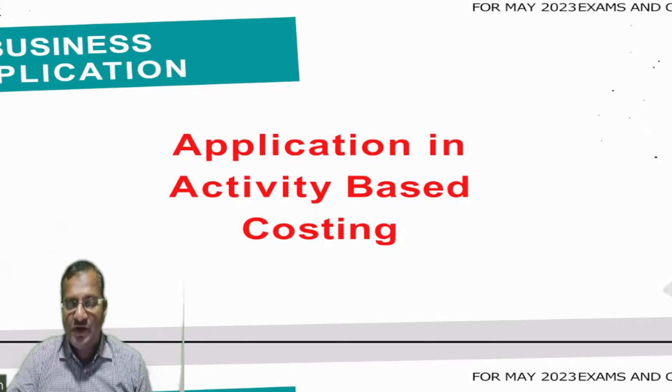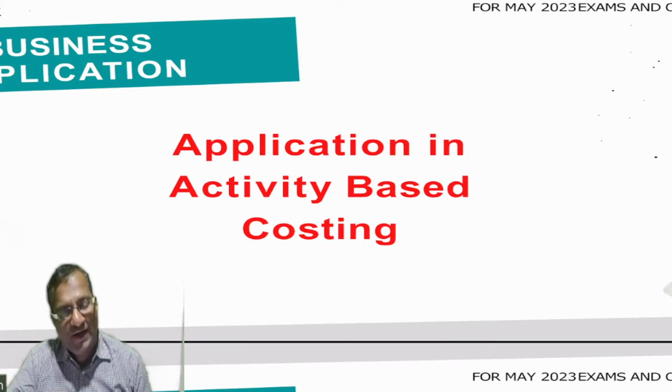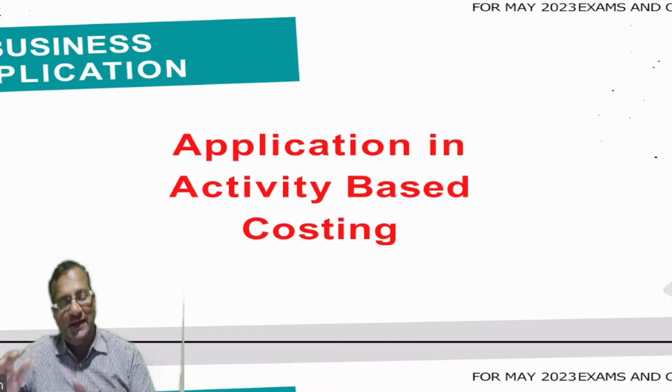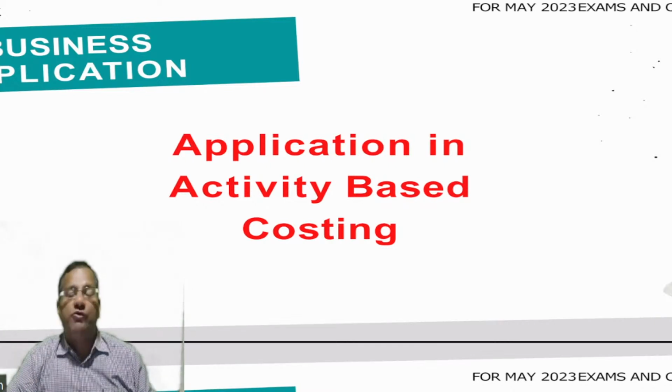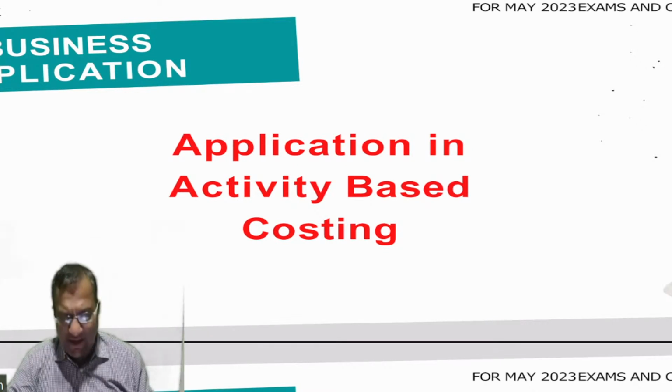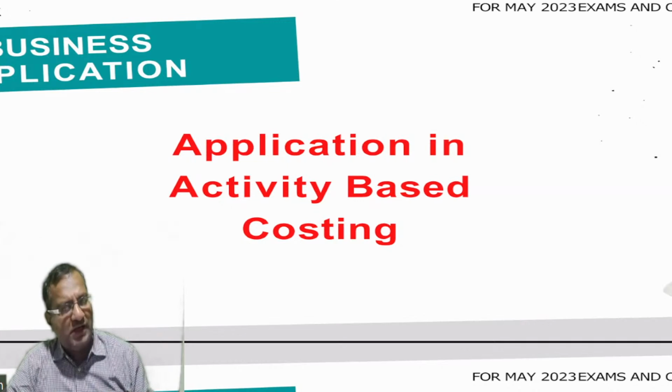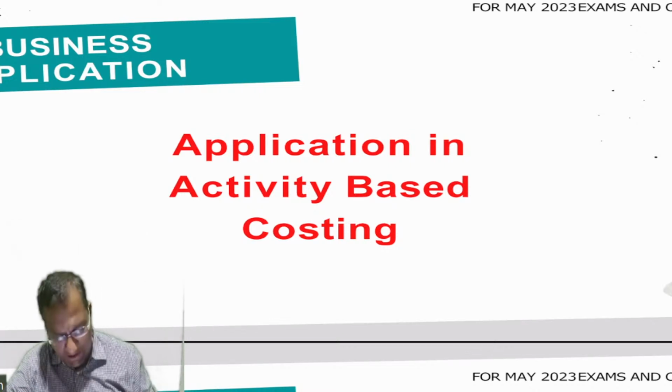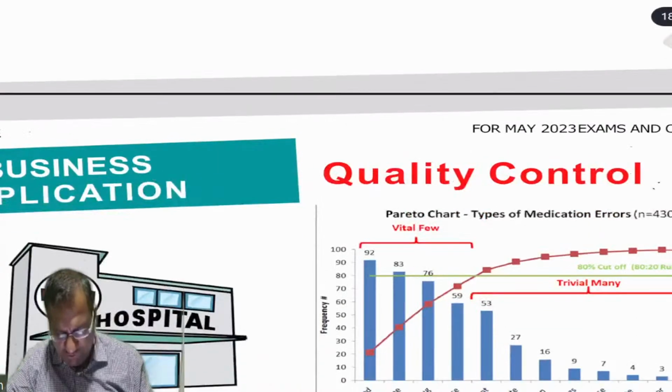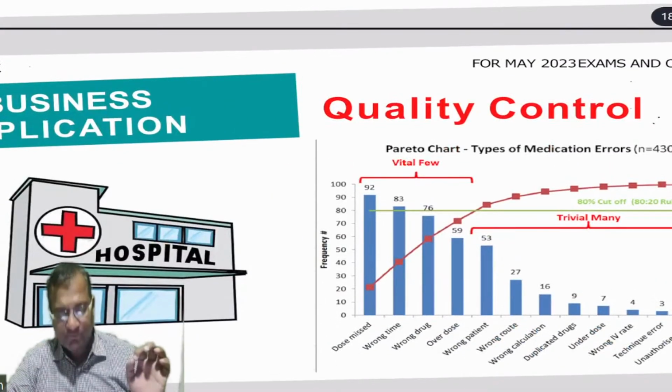Therefore, the top management should have strict control on this 20% vital few drivers so that they can directly control 80% of the indirect cost. Clear, beta? You might be a little uncomfortable if you are not able to recall the concept of inter, but rest assured, beta, when you have completed chapter number 9, the terminology cost driver and cost pull will be very easy. And the last business application is quality control.